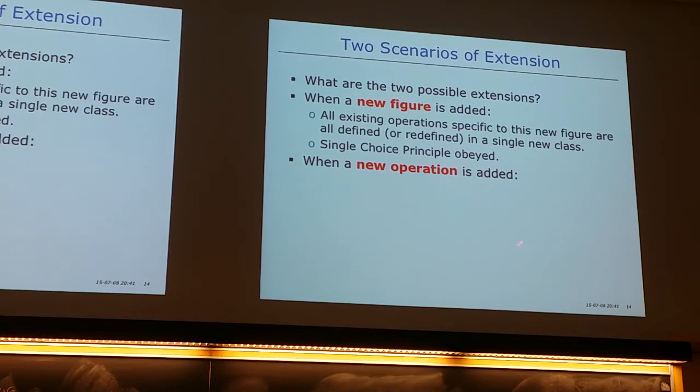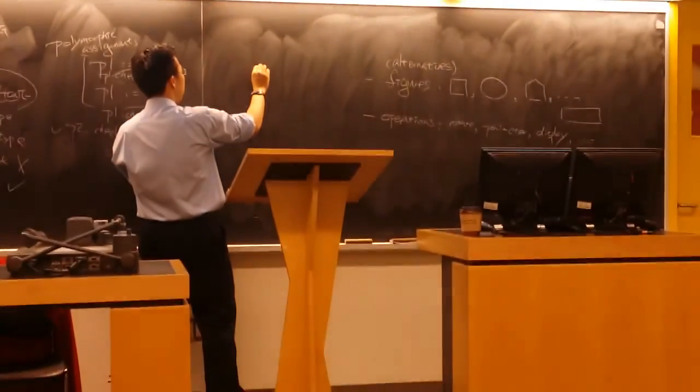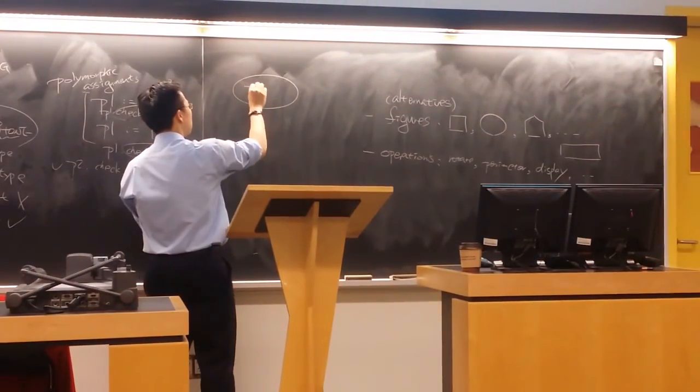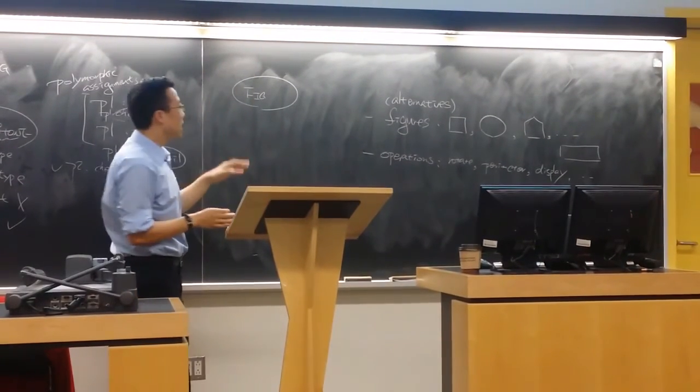Okay, so now let me show you actually before I go into it. I want to keep this because I'm going to use that. Maybe I'll erase this. Okay, so let's say we have a figure here. This is like a simplified version of the class hierarchy.